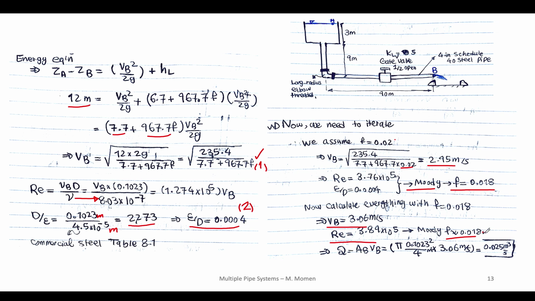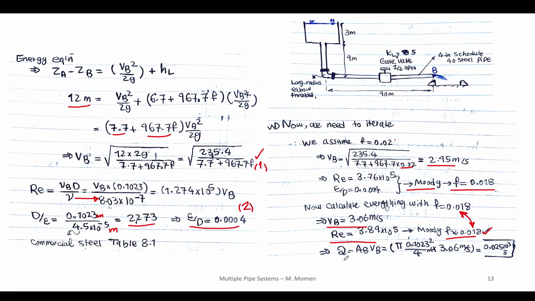So this tells me that I have converged, because my guess, which was 0.018, equals the final value I found from the Moody diagram. I converged to a constant value of F, so this is the correct answer that satisfies both equation 1 and equation 2. So F is 0.018, and VB is 3.06 meter per second for this problem.